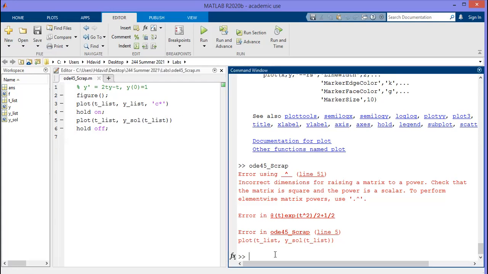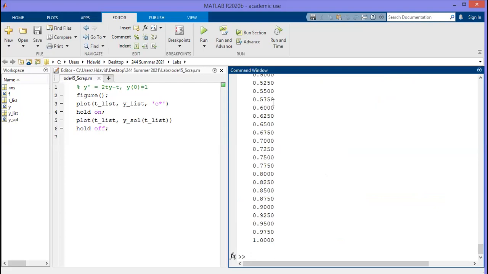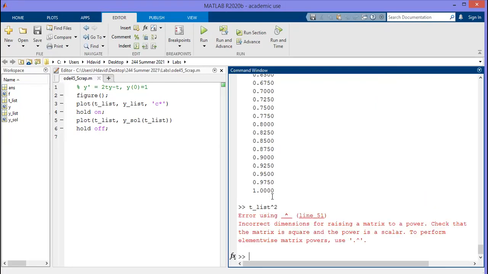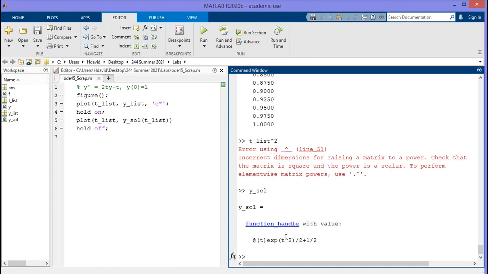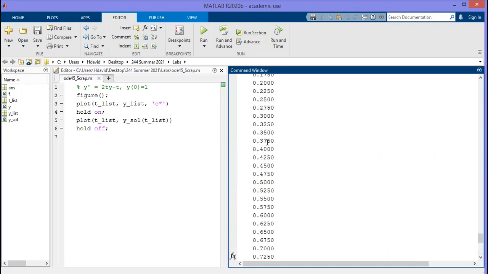And the reason is that t-list is a long list of numbers. If you square it, it doesn't understand what that means. Remember the solution ysol has a squaring in it. So why aren't you allowed to square a matrix? I mean, an array.